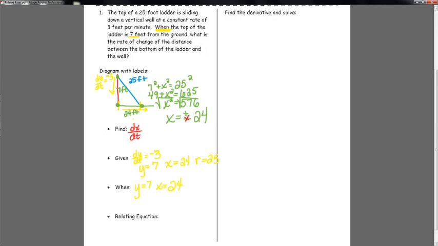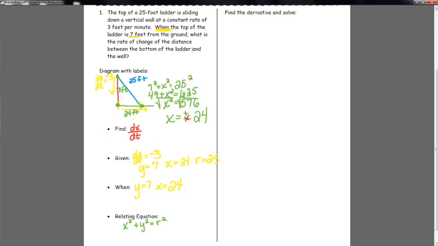Okay. And then we're going to have our relating equations. If you notice, I used Pythagorean theorem earlier to solve for my 24 feet, the bottom leg. Well, I'm going to use the same equation: x squared plus y squared is equal to r squared. However, I can fill certain things in.